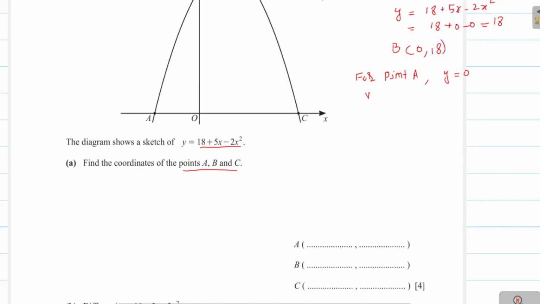y equals 18 plus 5x minus 2x squared equals 0.